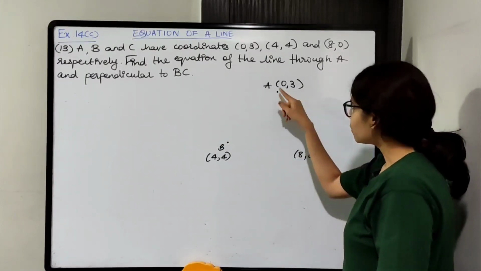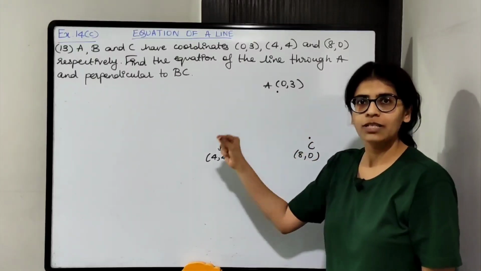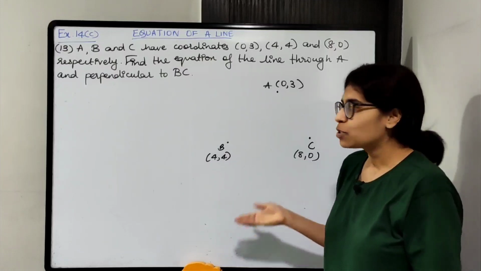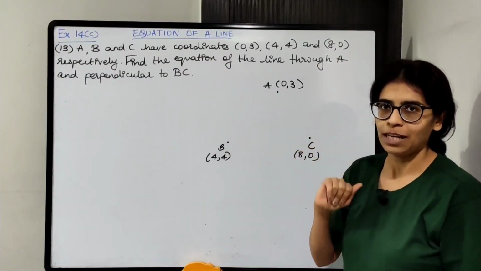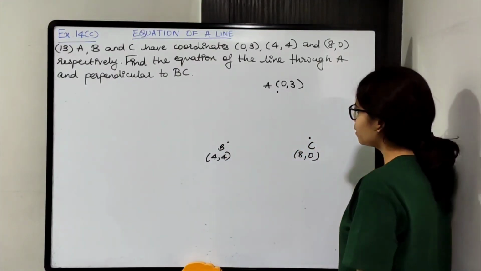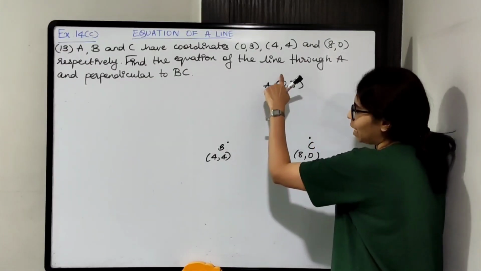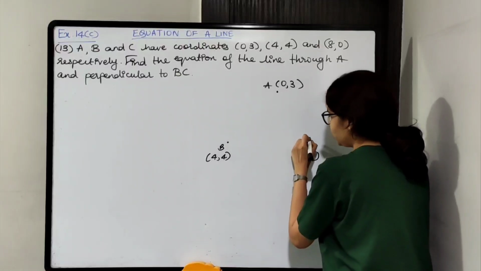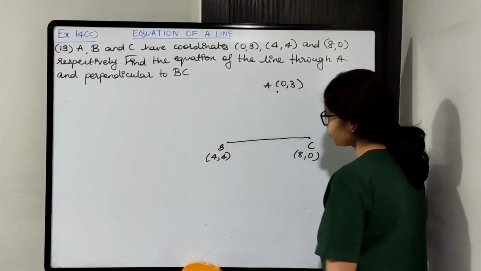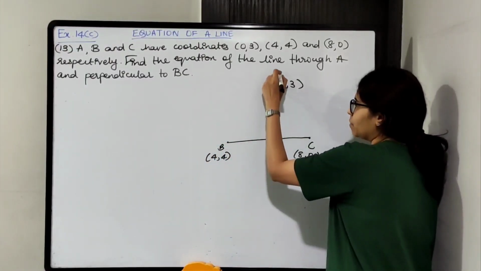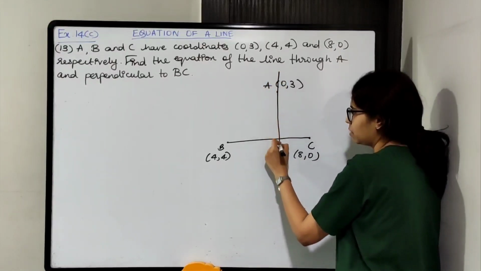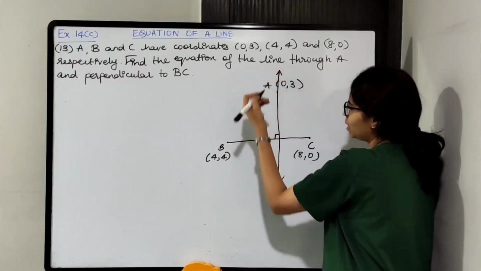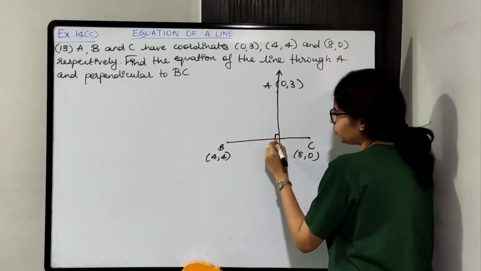Okay, so if you would have considered 3 points which are lying on the same line, then you cannot do this, right? So of course the points are not lying on the same line, non-collinear points here. Okay, so we are drawing a line perpendicular to BC. Pehle BC join karna padega. So let's join BC. From A there is a line passing and it is perpendicular to BC. Let this line meet BC at D.